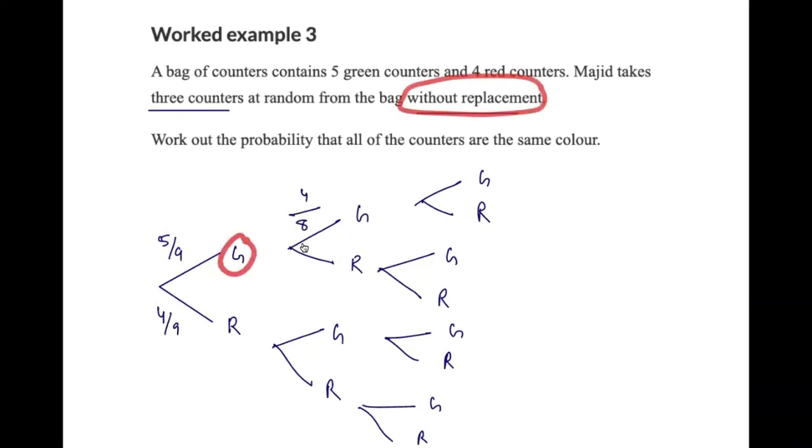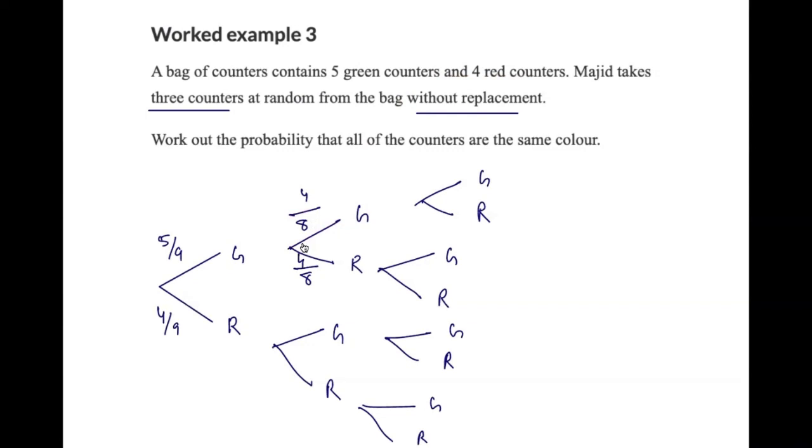You have taken the counter outside now. Now, to get the second counter as a green counter, you will have to choose. So out of 8 counters in the bag now, there are 4 green counters. So the probability is going to be 4 upon 8. And out of 8 counters in the bag, there are 4 red counters. Are you clear with this?